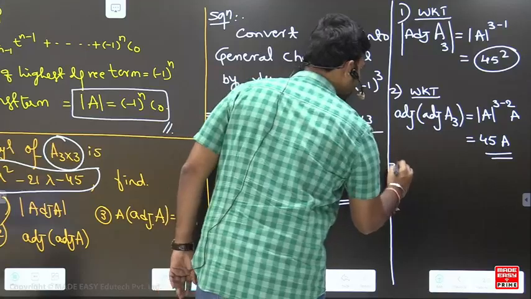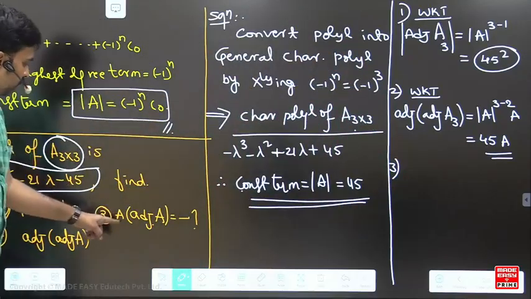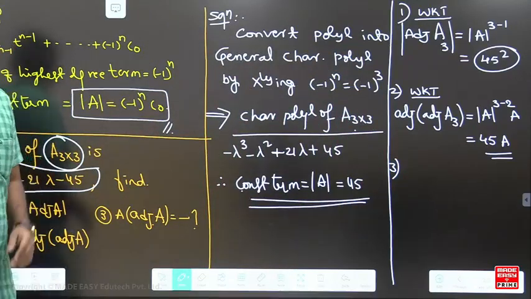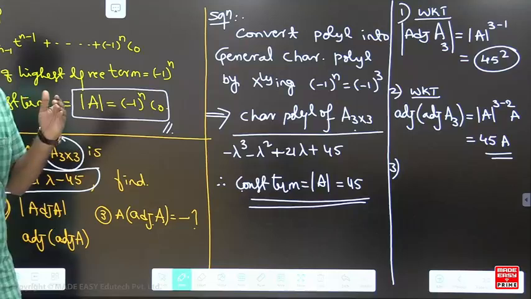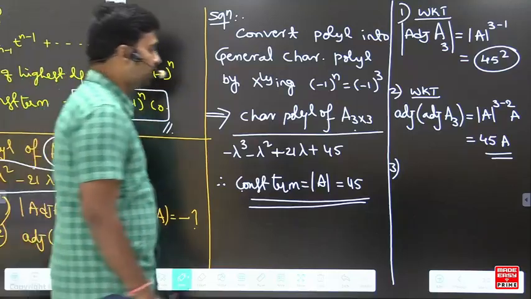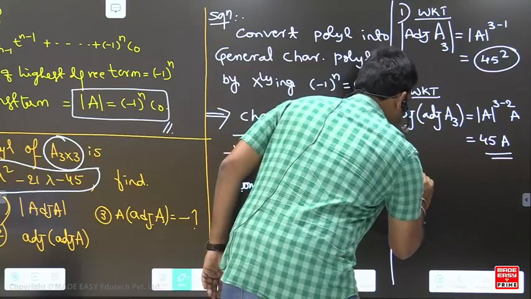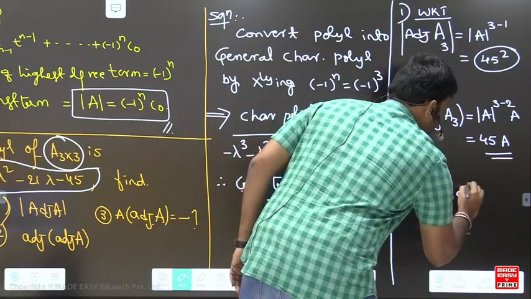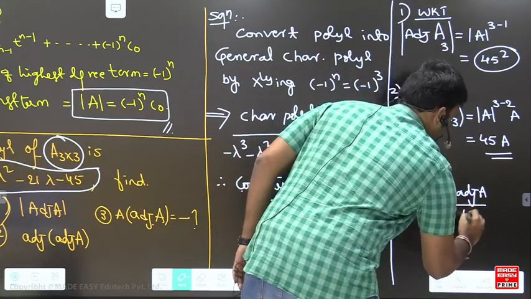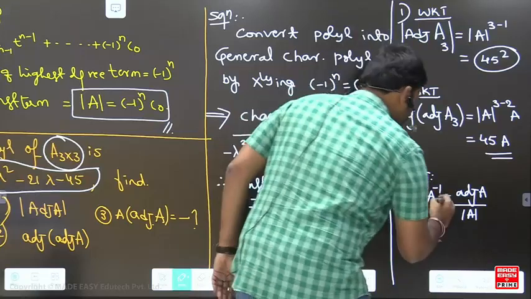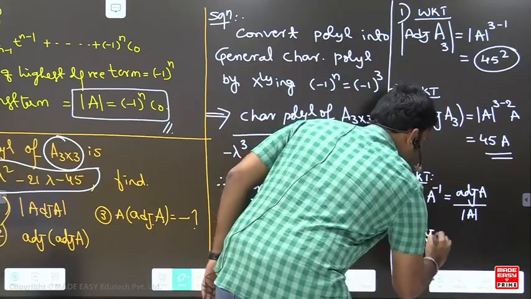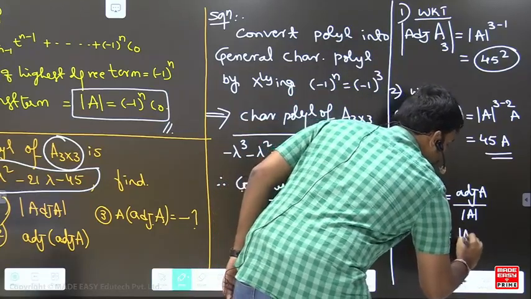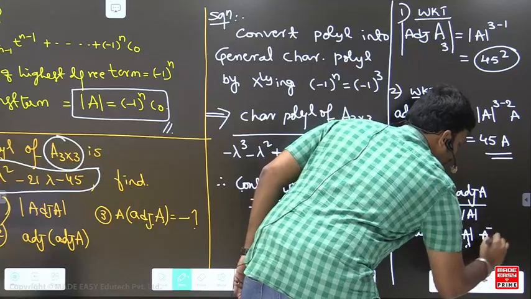Now the third question: A into adjoint of A. What is the expression for A into adjoint of A? We know that A inverse is equal to adjoint A by mod A. So adjoint of A is equal to mod A into A inverse.